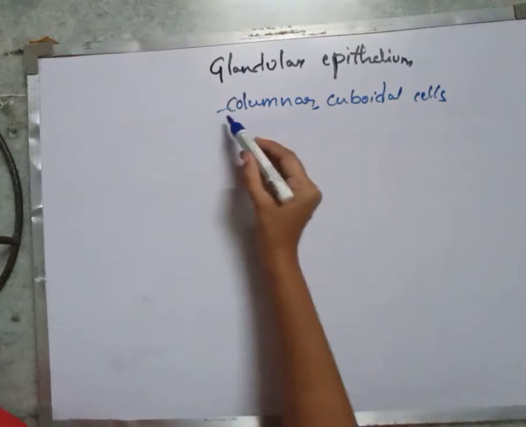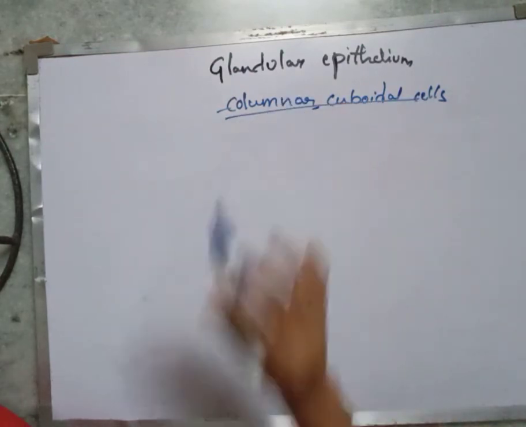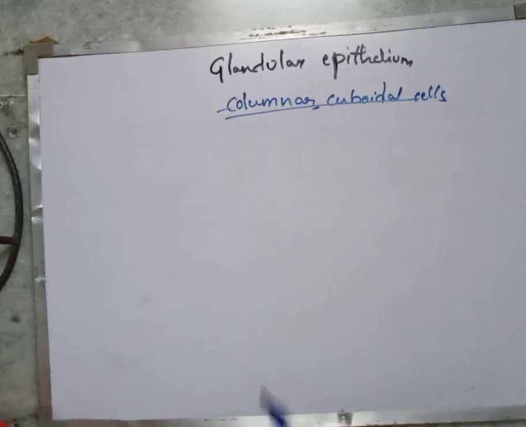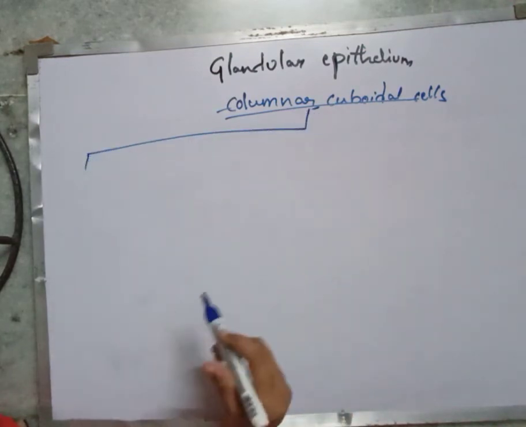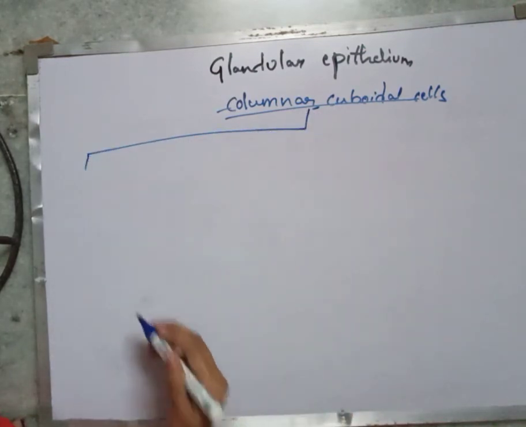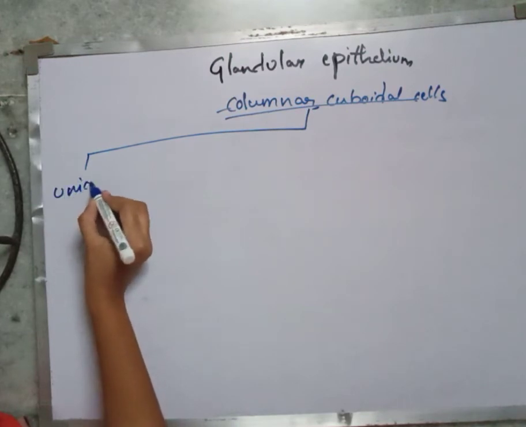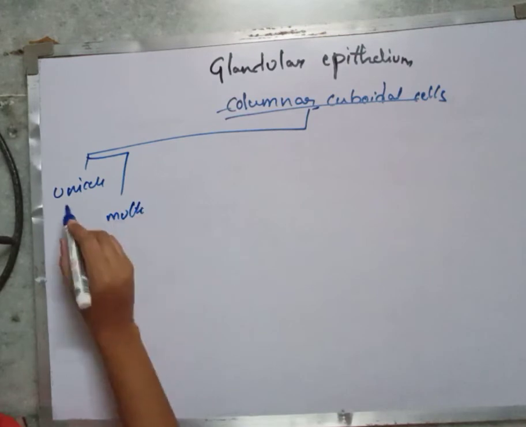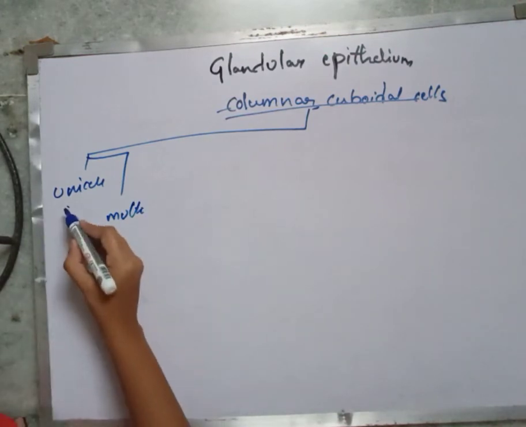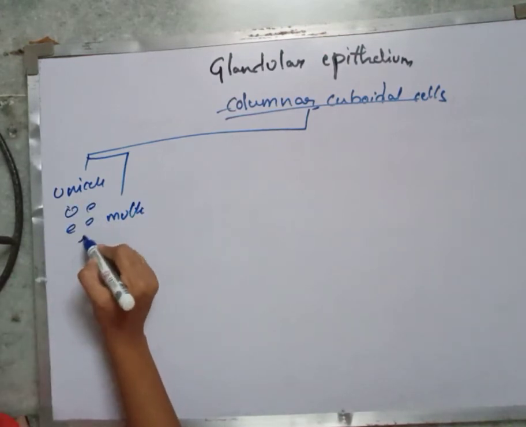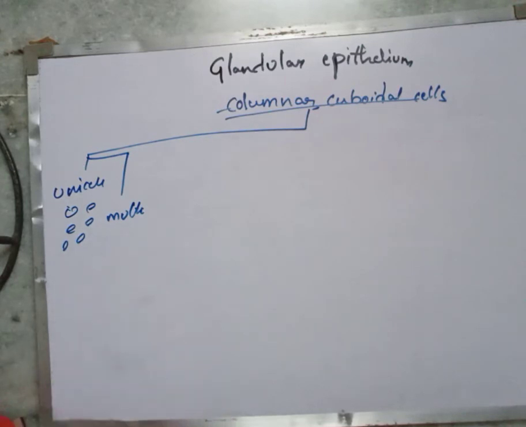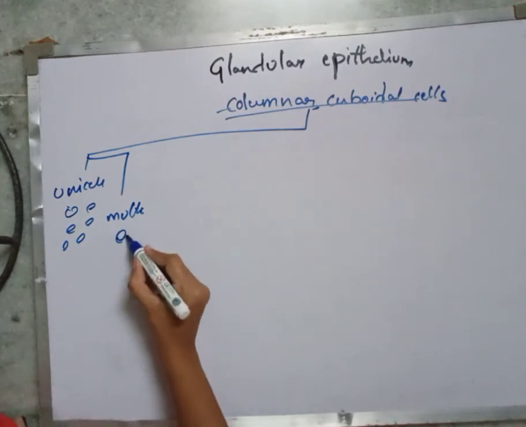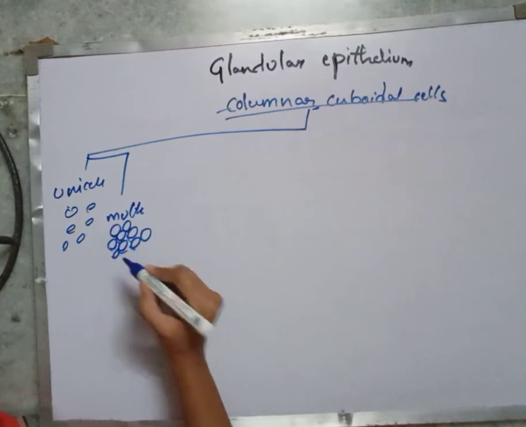These secretions and the cells together constitute the glandular epithelium. Based on the types of cells, the glandular epithelium is classified into unicellular and multicellular. In unicellular glandular epithelium, the cells remain isolated and are not bound together, whereas in multicellular glands the cells are bound together with junctions or cementing material.